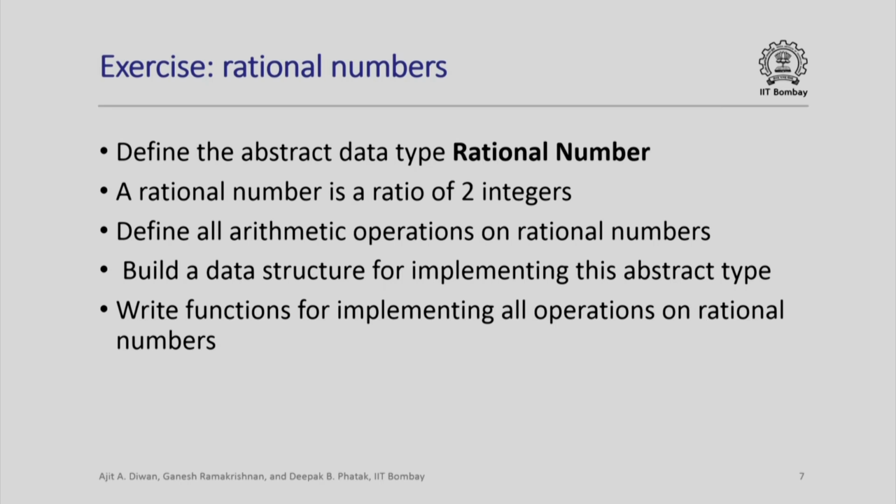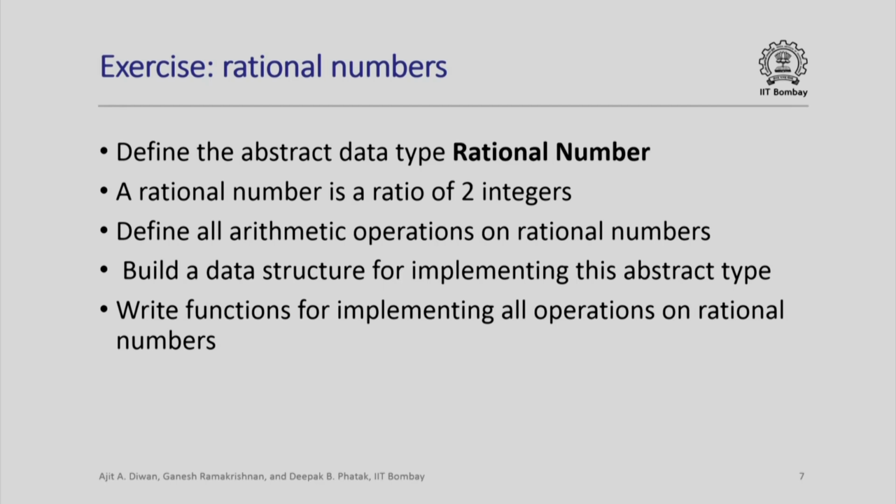You think of rational numbers as an abstract data type which has these possible values. The value of a rational number is a ratio of two integers. What are the operations? All possible arithmetic operations, comparisons and so on. Whatever you do with integers, you can also do with rational numbers. So, you want to define these arithmetic operations for rational numbers also.